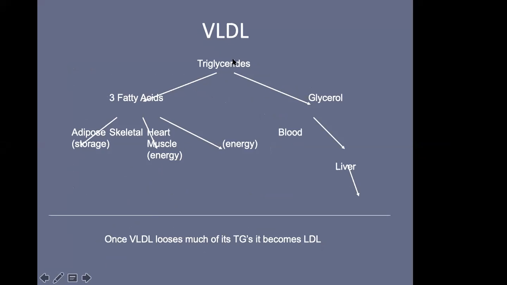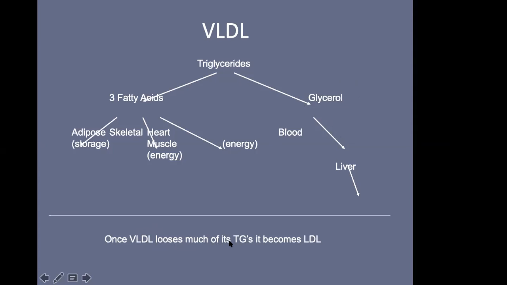Now, VLDL is rich in triglycerides. Either it helps in formation of fatty acid, which is deposited in the adipose tissues, or it gives energy to the heart and muscle, or it goes to the liver, and glycerol will form in the liver and be stored, and it will help in preparation of various glycophospholipids further.